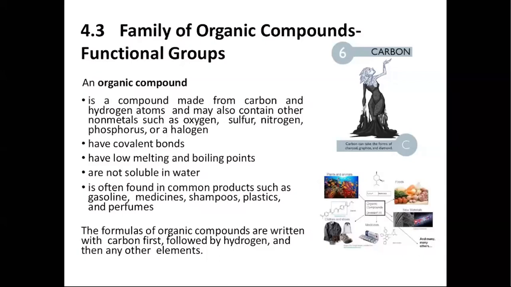Then the carbon atom is going to be combined with other nonmetals like hydrogen, oxygen, sulfur, nitrogen, phosphorus, or a halogen. Because groups of nonmetals combine in order to make these organic compounds, understand that that's why they have covalent bonds.